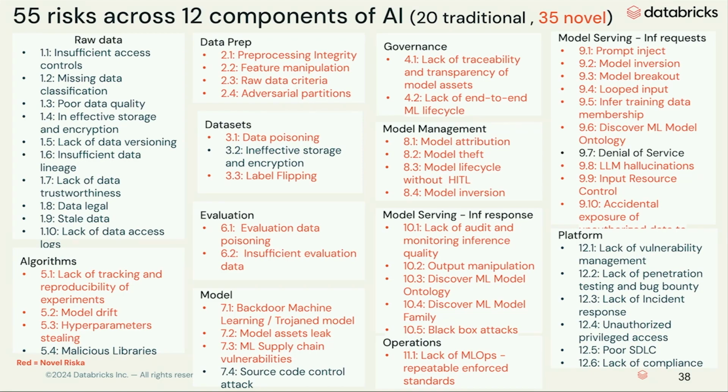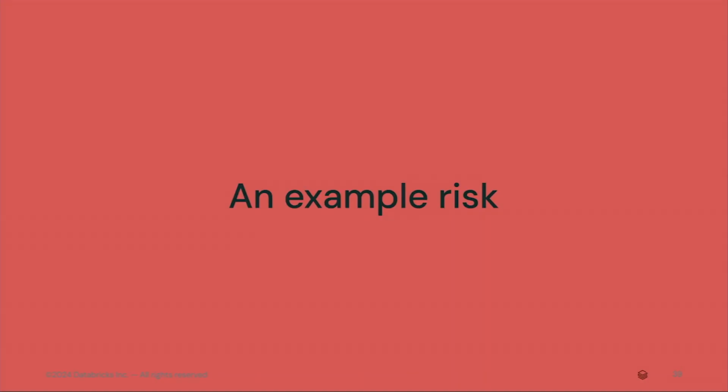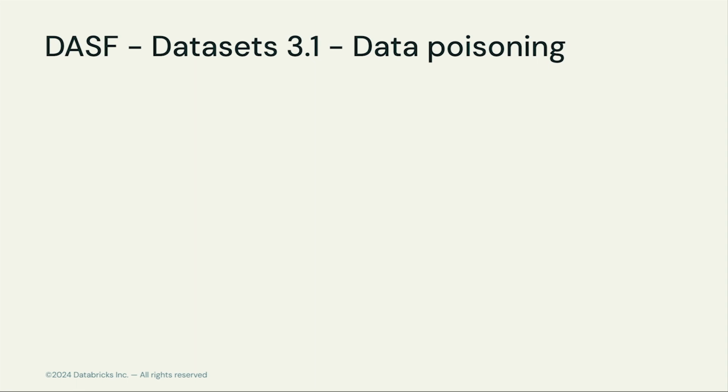So now that you know where these risks would appear, let's look at one risk, for example, data poisoning. Data poisoning is one of those core things you should be looking at, because as you know, the thing that powers your AI, both at the time of training and also at the time of inference, is basically your data. If someone wants to mess with your organization, all they have to do is attack your data first, and then change the labels, or change the features in your data.